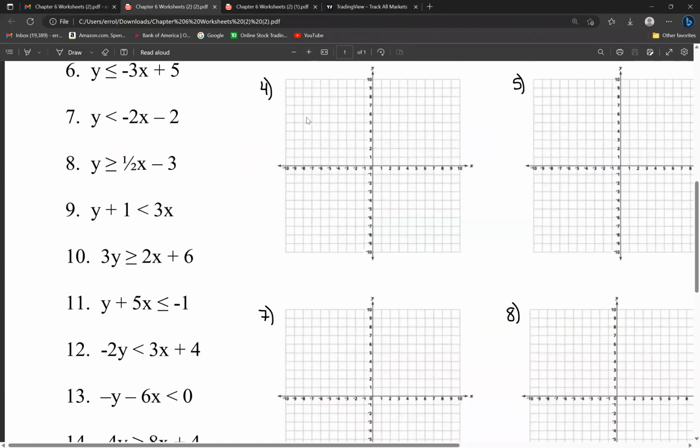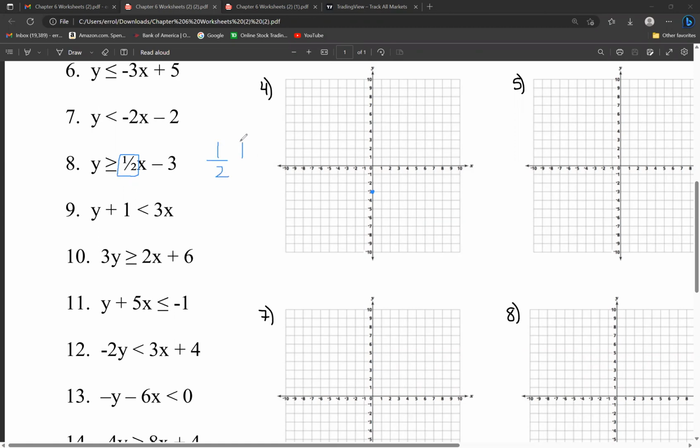Tell me where I start on number 8. -3. Yes. Okay, 0, -3. There's your first dot. Where's the second dot? Up a half, and then 1 to the right. Well, it's already in fraction form, right?